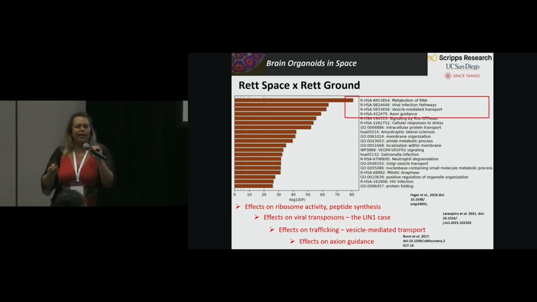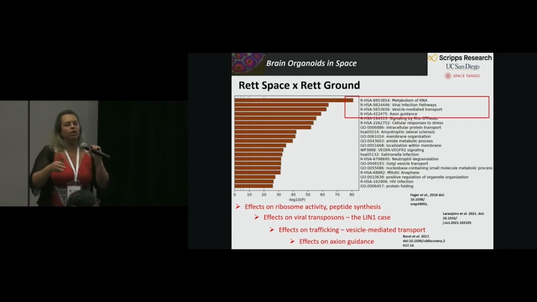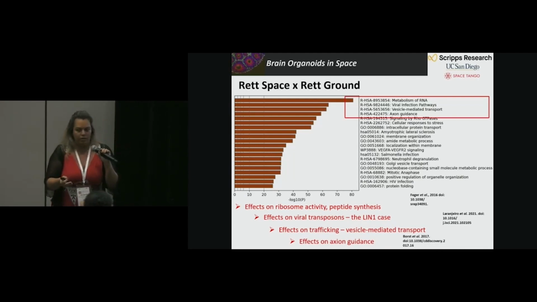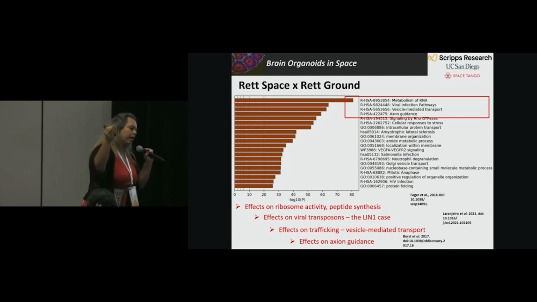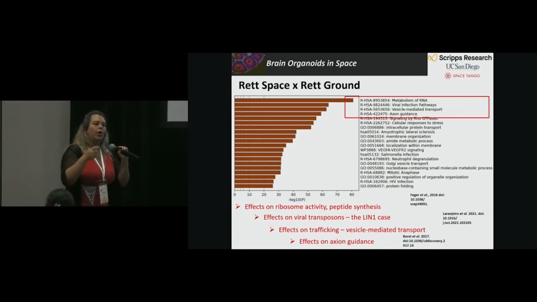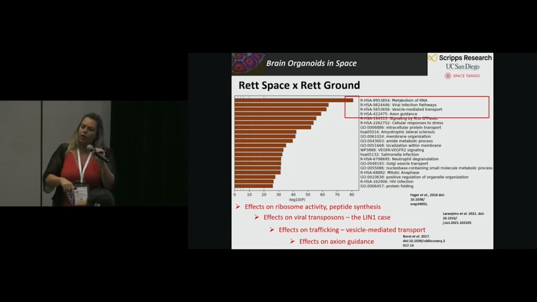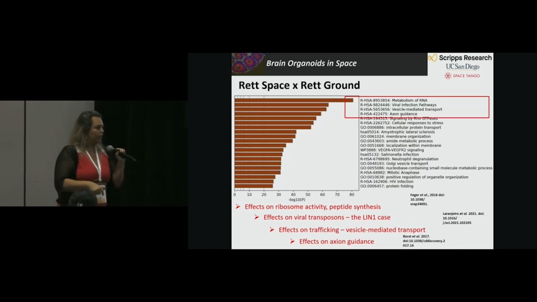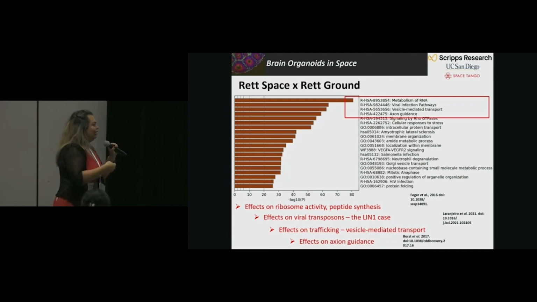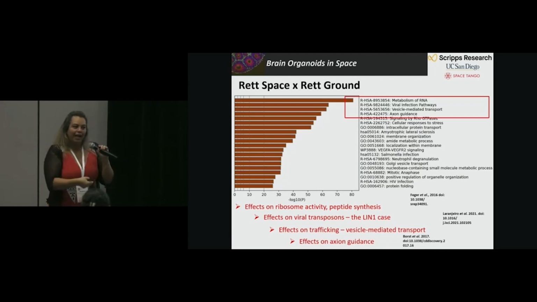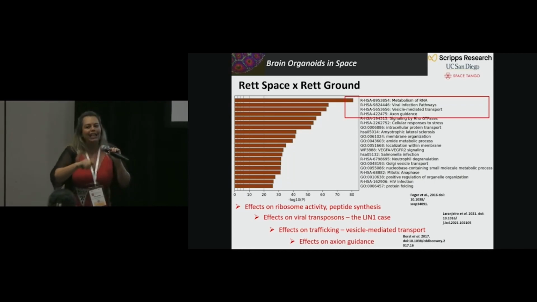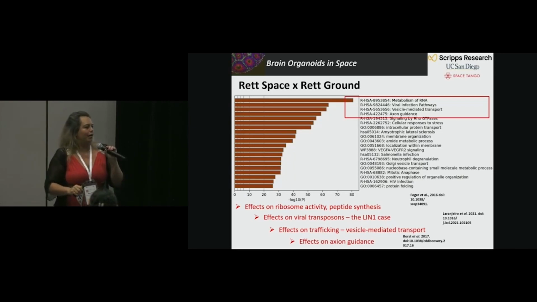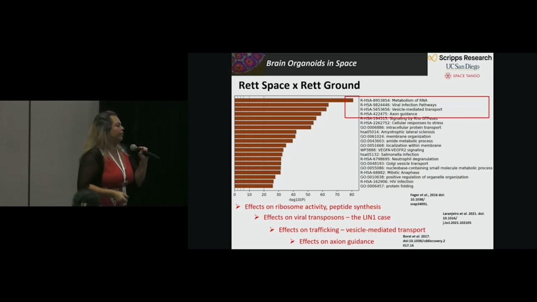That was interesting because there are already some experiments with astronauts who suffer from microgravity. There is this interesting experiment with twins, where one of the astronauts was on the International Space Station for 1 year, and the other one was on the ground. And then we see the molecular functions that are impaired in these brain organoids that lead to the same phenotypes that were impaired in this astronaut who was suffering from microgravity events.